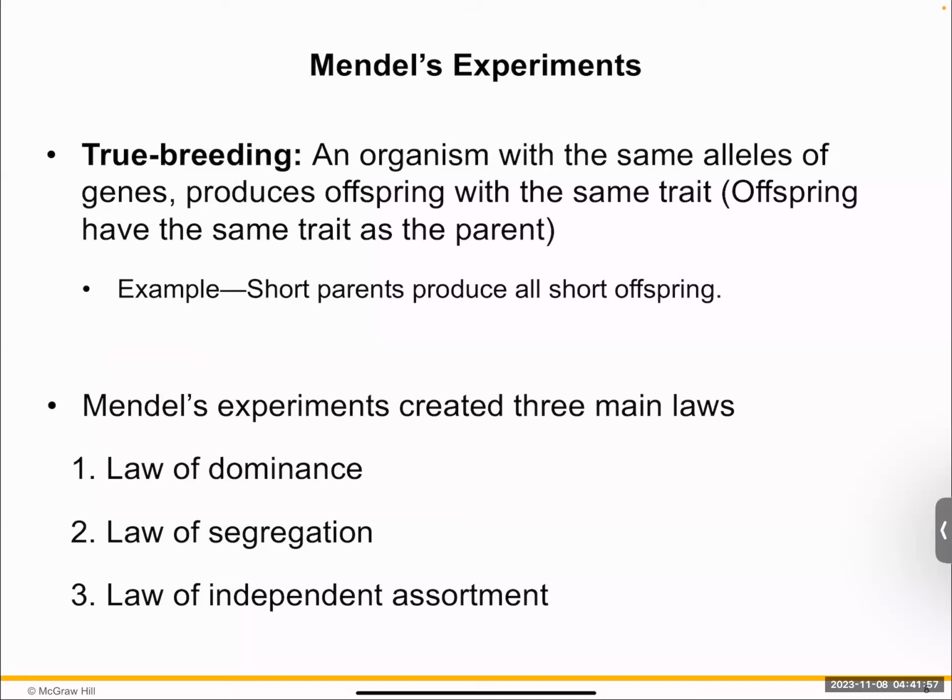For instance, a short plant produces short offspring. Now, I'm not really going into details of how Mendel carried out his experiment, but rather what he understood from it, what organism he used, and what part of that organism he actually focused on.